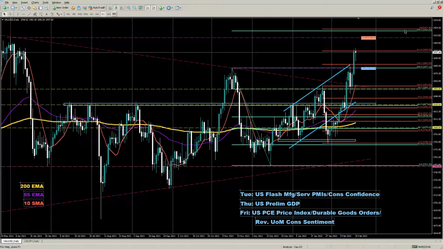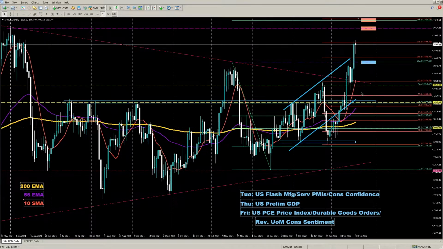So that could be a potential target area as well, up between 1925 and 1927. So that's also a possible target zone. But we'll see if that will continue.